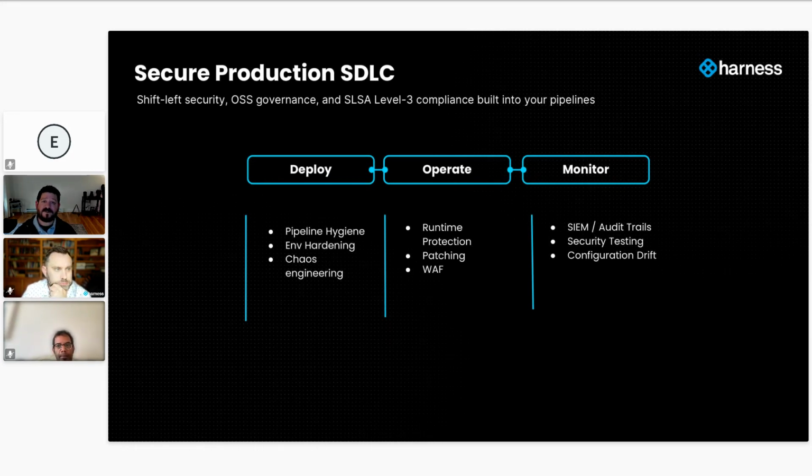Also, manual testing through penetration testing, both internally and externally, is particularly valuable. So yeah, I think those are some of the things that I've seen around our industry, as well as focuses we've had internally at Harness.